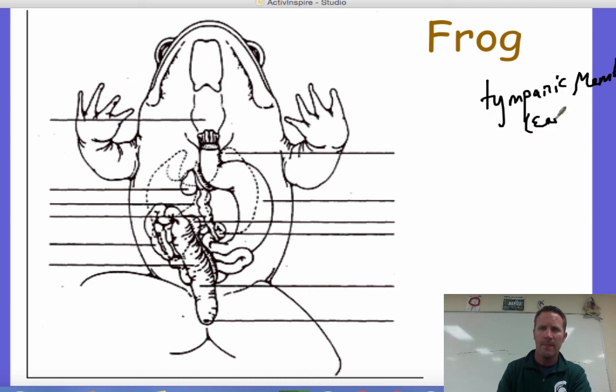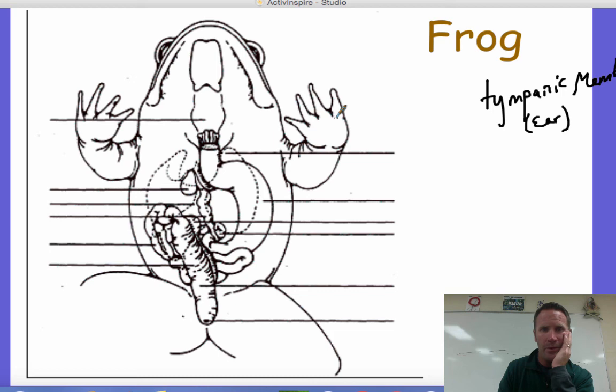And we talked about the fact that its tongue was backwards facing, and that it had nostrils and its eyes were on top. We talked a lot about the skin and everything about that. So that was the external stuff. The frog has one anus on top, and that's where it does all its business. We also talked about the difference in the front feet and the back and the webbing.